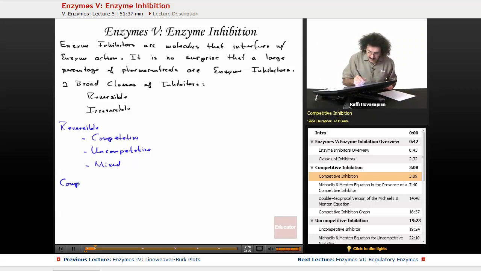So competitive inhibition is exactly what you think it is, exactly what it sounds like.